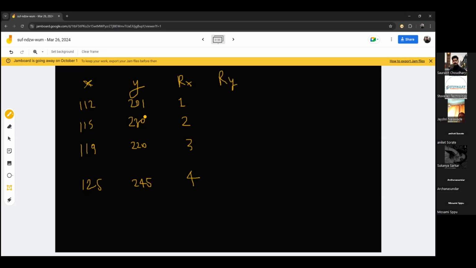The lowest you can give 1, then 2, and then the third lowest is this 230, like this, and then we have 245, which we can say is 4, right? So you have calculated the rank.